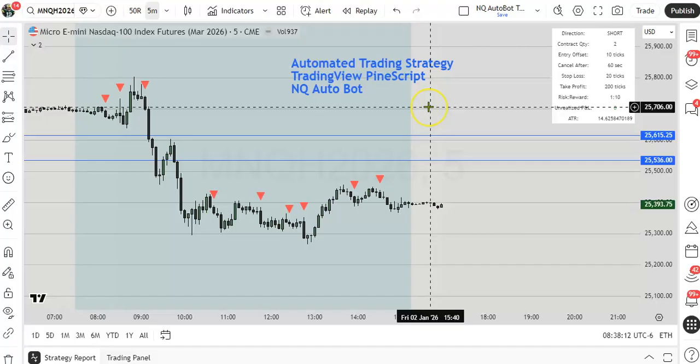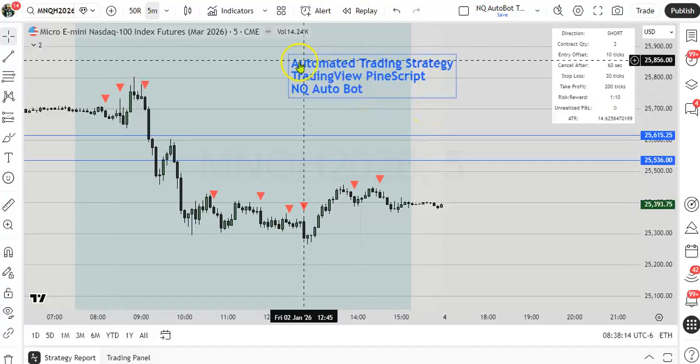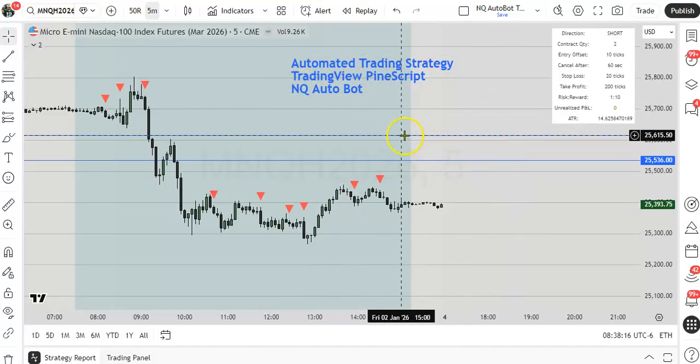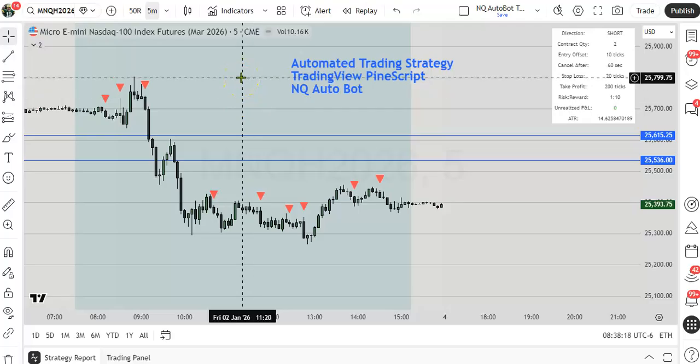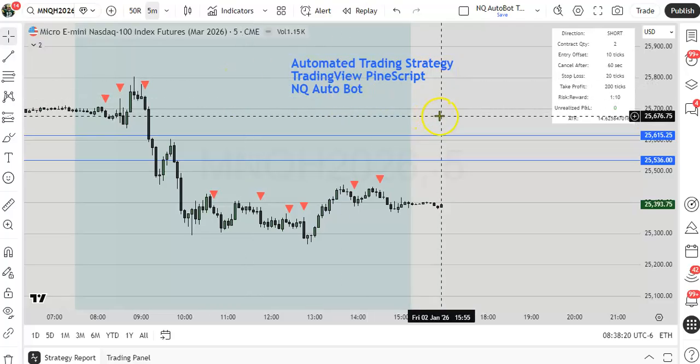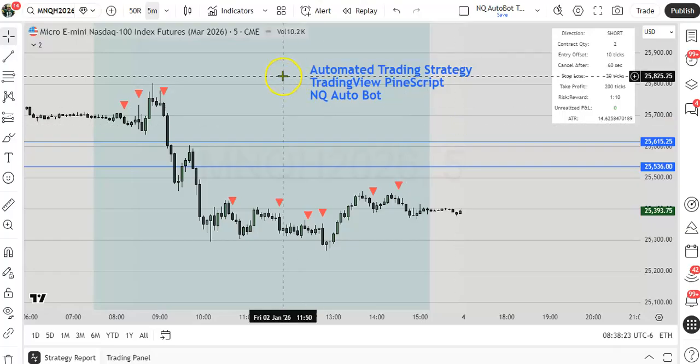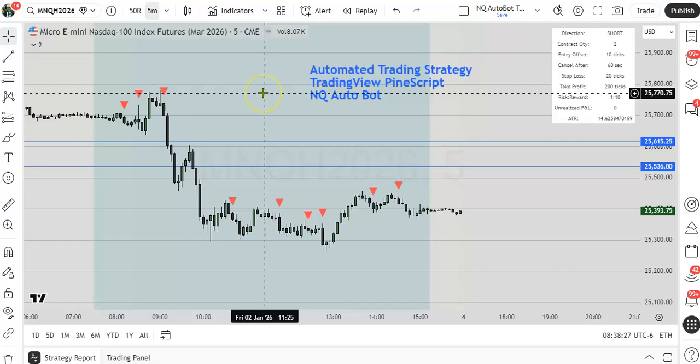One of the things that I've discovered quickly in 2025 is that the built-in backtesting functionality of automated trading bots, strategies, whatever you want to call them, in TradingView Pine Script, was not that accurate.